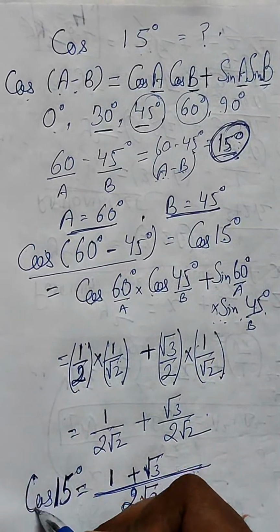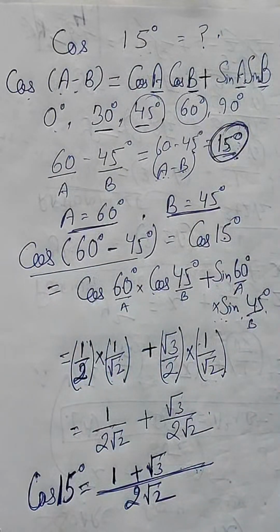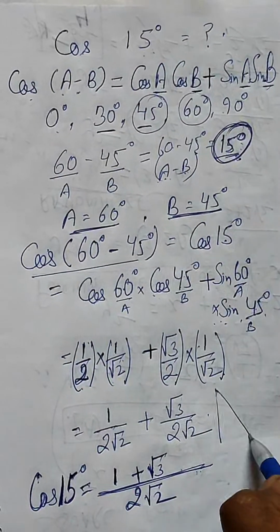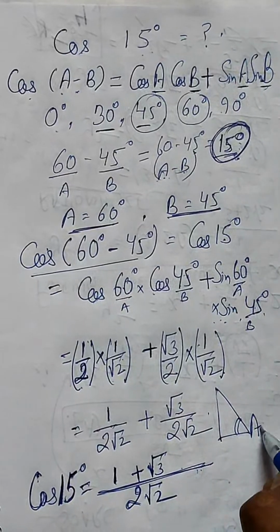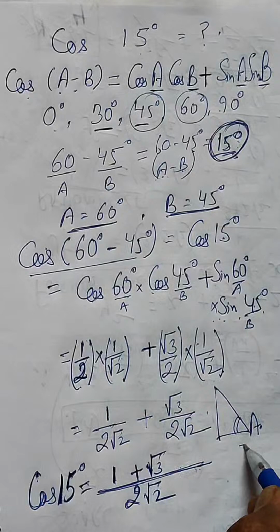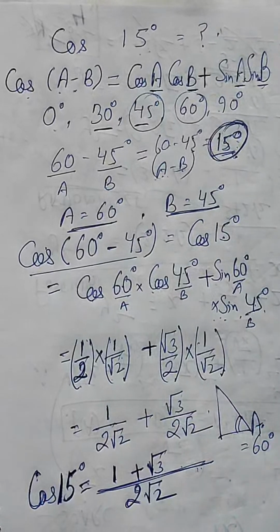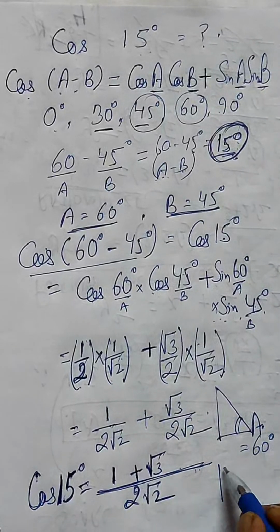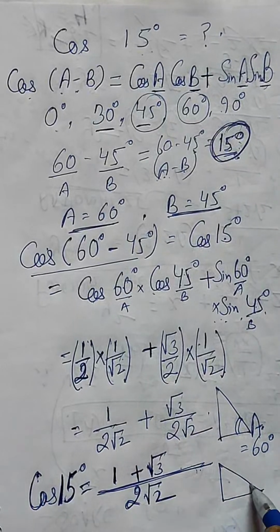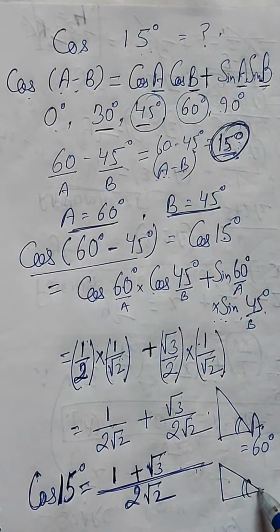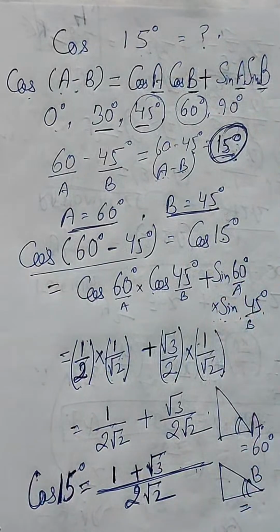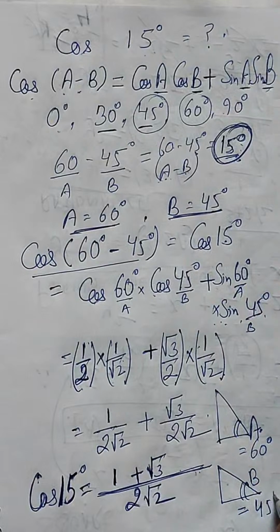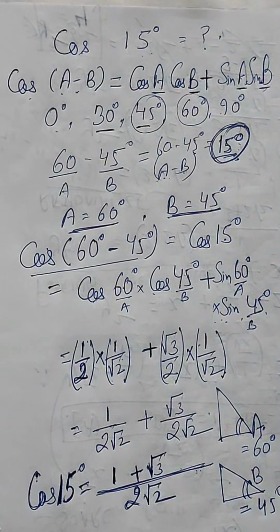So we have solved this question now. What is the basic thing which we have taken? For the two right angle triangles, the angle A we considered as 60 degree, and for the second right angle triangle the angle B we considered as 45 degree. In this way we have solved this question.